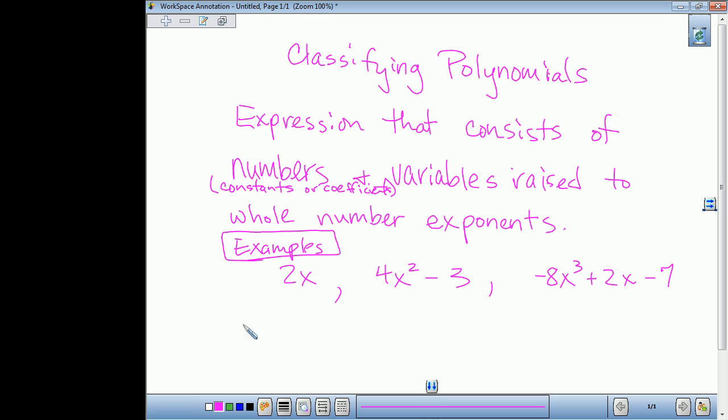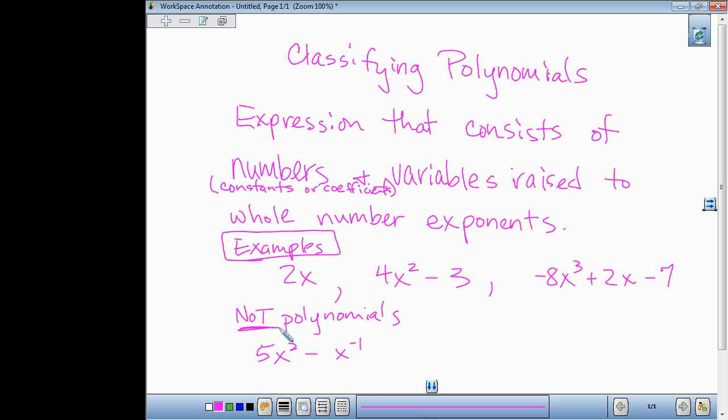So, what are non-examples? What are things that are not polynomials? Okay, things that we cannot have are negative exponents. Like we couldn't have 5x squared minus x to the negative first.